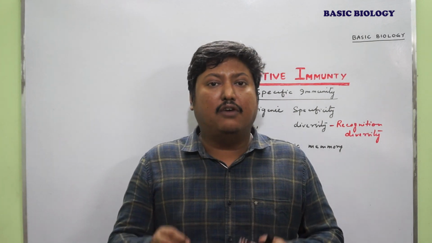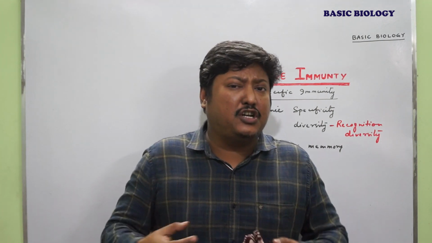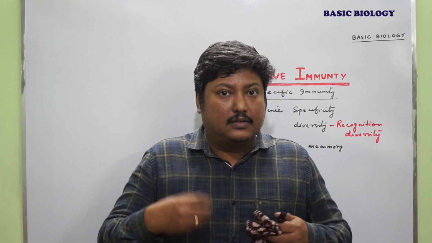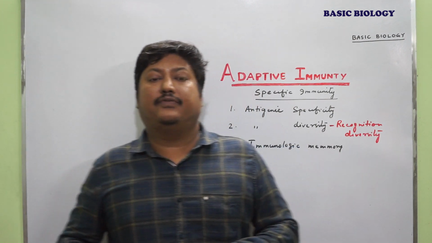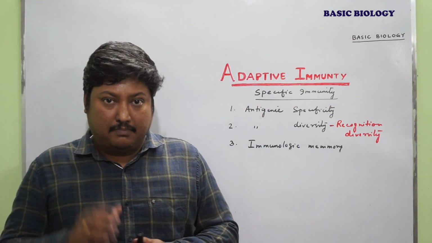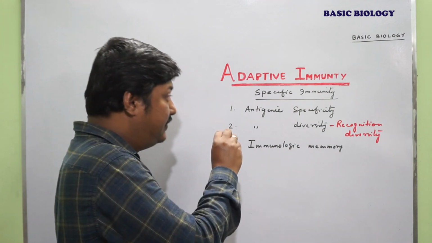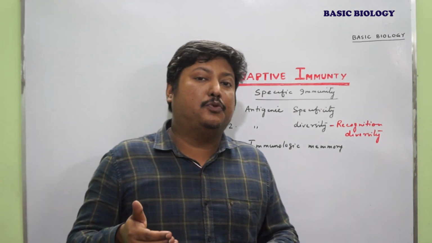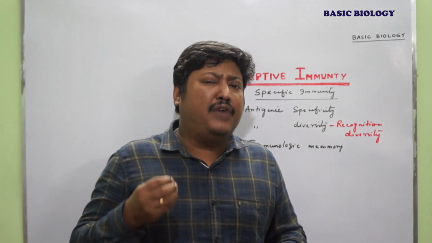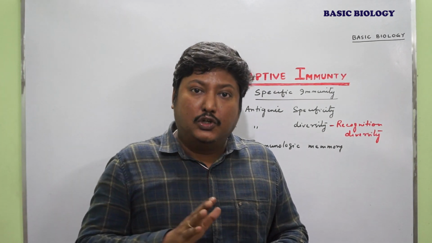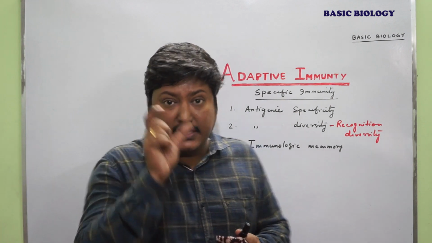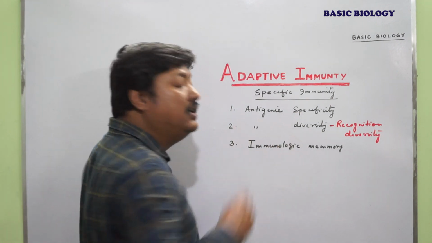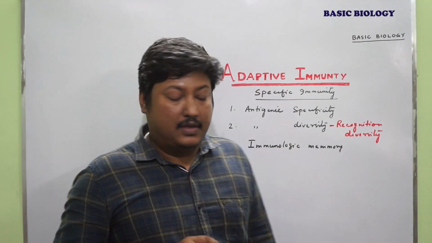That means within a very small fraction of time, these antigens are eliminated from the body. During the first exposure, it will take time, but during the second exposure, it will take very minimal time to eradicate that antigen. That is what is possible due to immunologic memory.